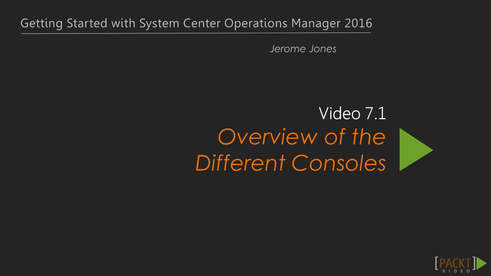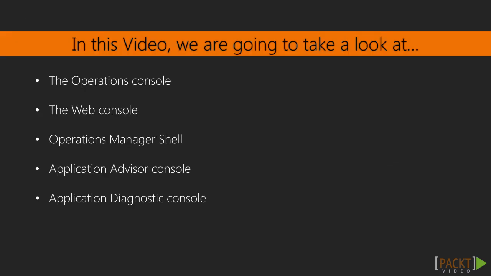When you look at the application diagnostic console or the application advisor console running advisory reports, and even if you are away from the normal operations console, you can use the web console to view monitors and any custom searches that you've configured. In this video, we're going to take a look at the 5 operational consoles: the Operations Console, the Web Console, the Operations Manager Shell, the Application Advisor, along with the Application Diagnostic Console.